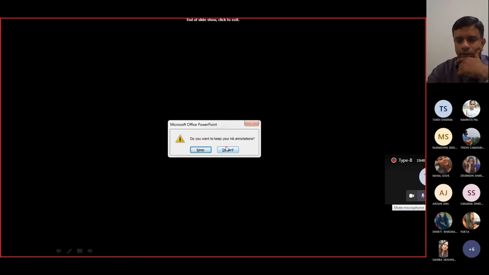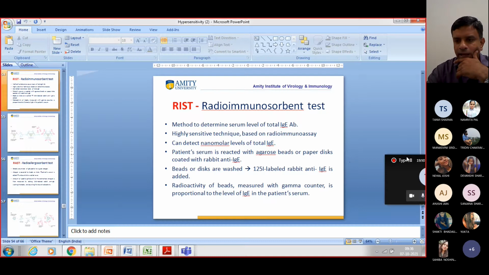That's all about the treatment modalities, the drugs that we can use, or the immunotherapy that we can do for treatment of hypersensitivity type 1 reactions. With that, we end type 1 hypersensitivity reaction, and after attendance, we will start with type 2 reaction. Any questions at this point?